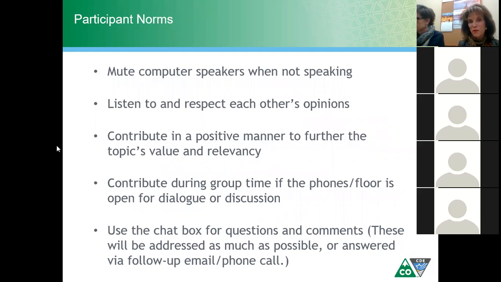Please contribute to group time if the phones are open or the floor is open for dialogue and discussion. And most importantly, please use the chat box for questions and comments, and we'll try to address as many as we can along the way. And if we can't address them today, Erin and I will get back with you and make sure your questions are answered within a short amount of time, all right?